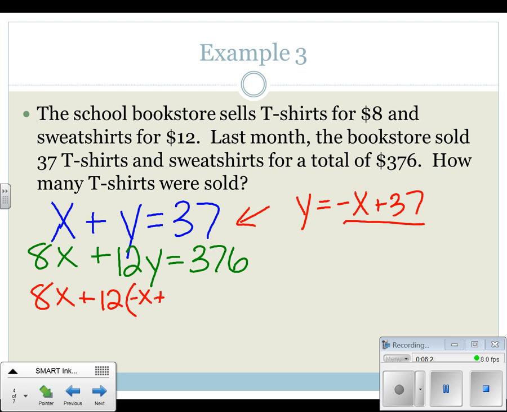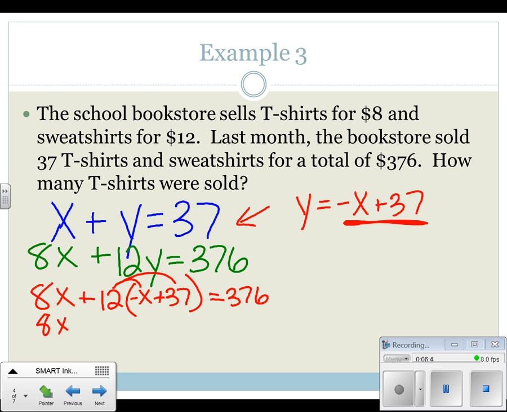Put it in parentheses because you multiply the 12 by everything that y is. And that equals 376. So we just replaced the y with what we had solved it for in the first equation. Now we distribute and we simplify, and then we're going to solve.